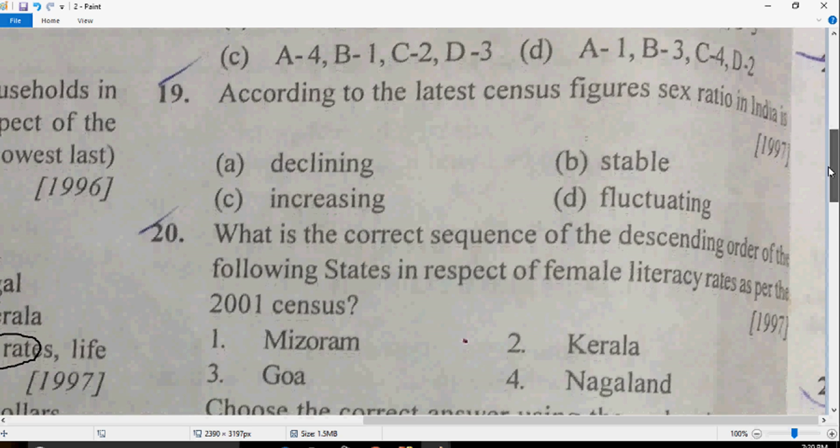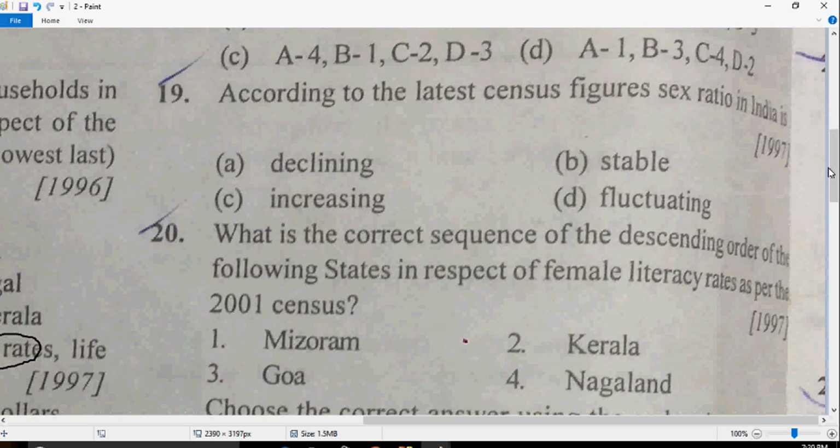Now, according to the latest census figures, the sex ratio in India is declining, increasing, stable, or fluctuating? What do you think? As we know, there is no doubt that in the 1981 census the sex ratio in India was 934. By 1991 it had declined to 927 per 1,000 men.